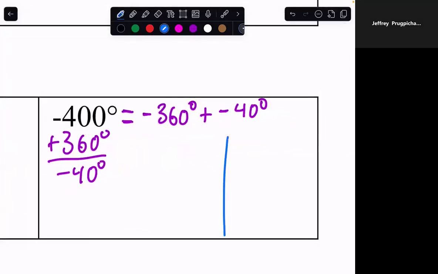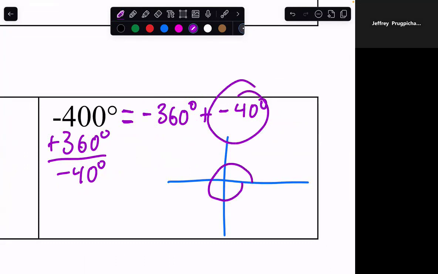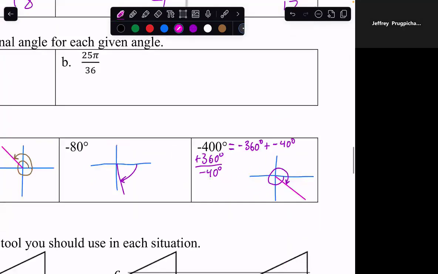Okay, so now when you sketch it, first you do a full negative loop to represent the negative 360. And then you go an additional negative 40, which is less than a quarter turn. Okay, so something like that.